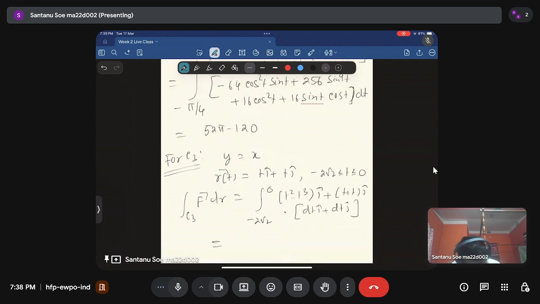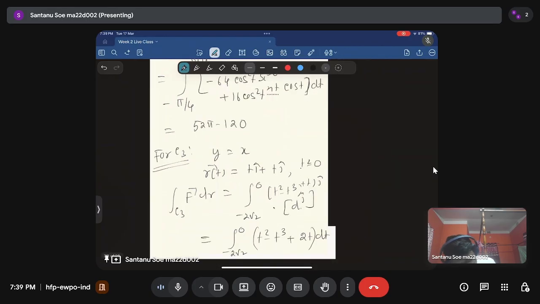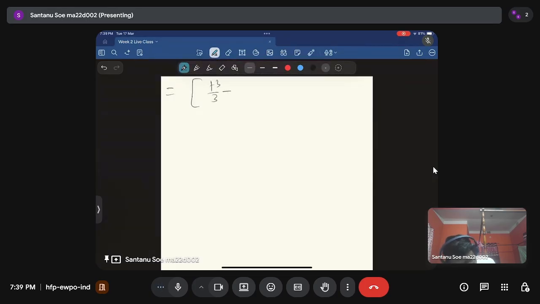Okay, and this is the same as the integral from minus 2 to 0 of (t square minus t cube) dt, plus t square minus t cube plus 2t dt. So this is t cube by 3 minus t to the power 4 by 4 plus t square, evaluated from minus 2 to 0.